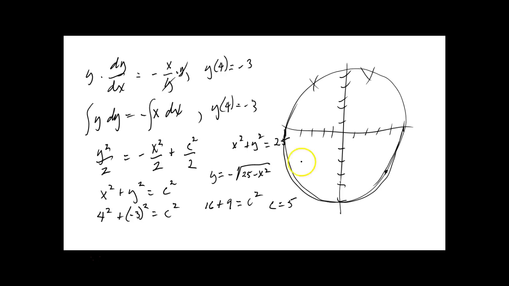So the interval here is sort of implied to be -5 is less than, I want to say equal to, x is less than or equal to 5. However, in the book, for some reason, they don't include the plus or minus 5.